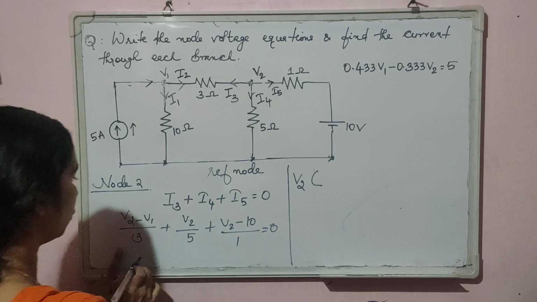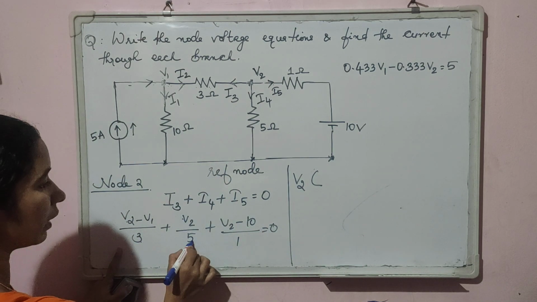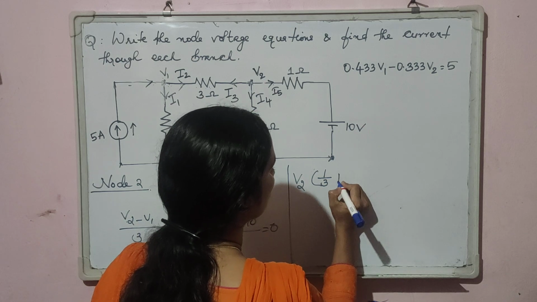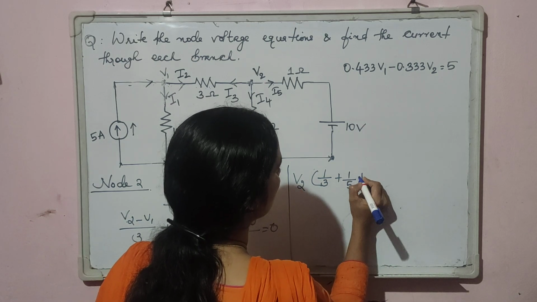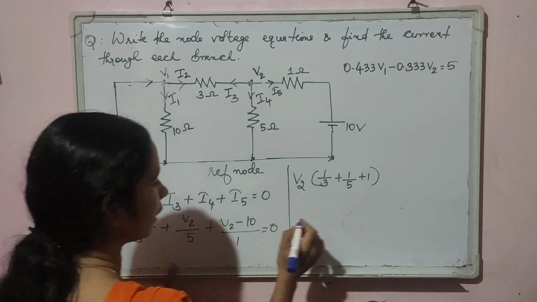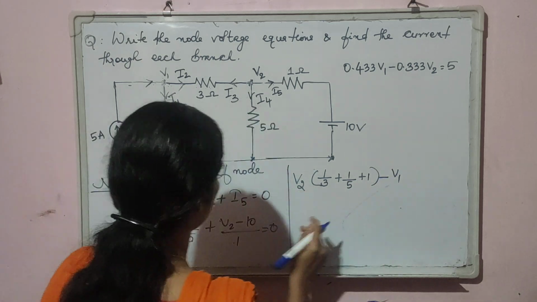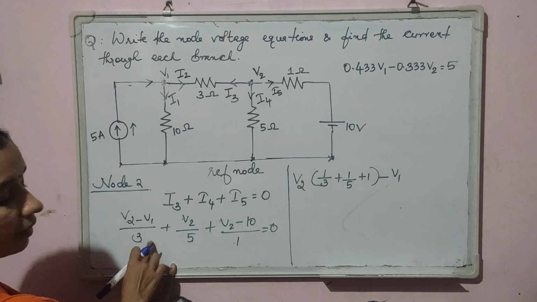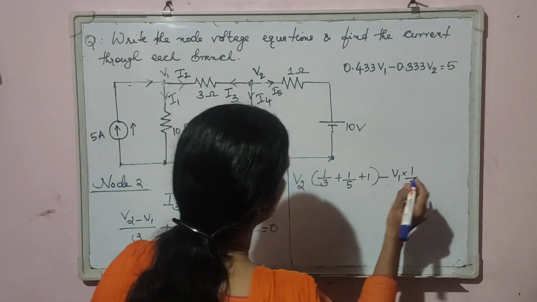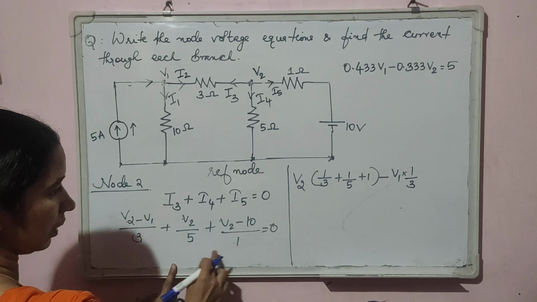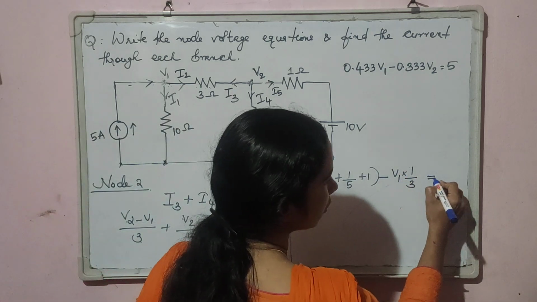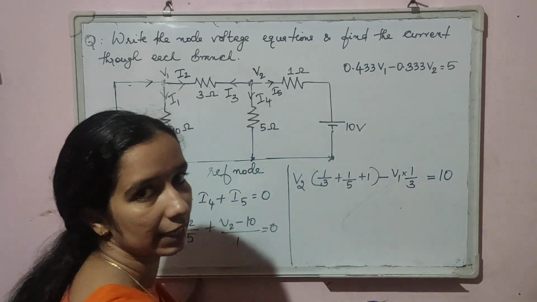It will be V2 into 1 by 3 plus 1 by 5 plus 1, minus V1 into 1 by 3, minus 10. Taking minus 10 to the right hand side, it will be plus 10.